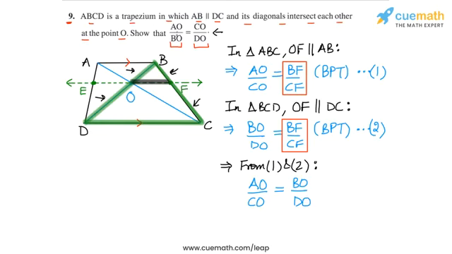But what we really want is AO by BO and CO by DO. But that's easy to do. Just cross multiply CO to the right side and bring BO into the denominator on the left side, and that will give you the desired result. So you will get AO by BO equal to CO by DO, and this equality of ratios is what we had to prove.